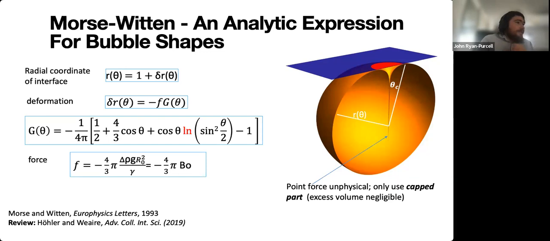So we thought this was a good time to use the Morse-Witten model, which simply describes the surface of a bubble as an R of theta function. This deformation is applied using a point force. This point force has a logarithmic term in it, which explains the deviation right at the point where the force is applied. However, a capping procedure is used here to maintain the physicality of the bubble shape.